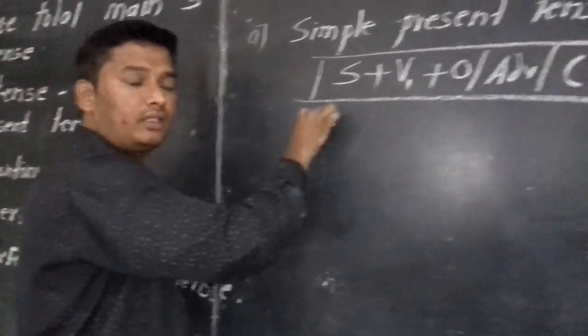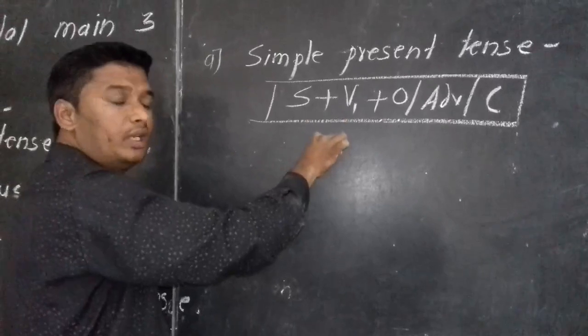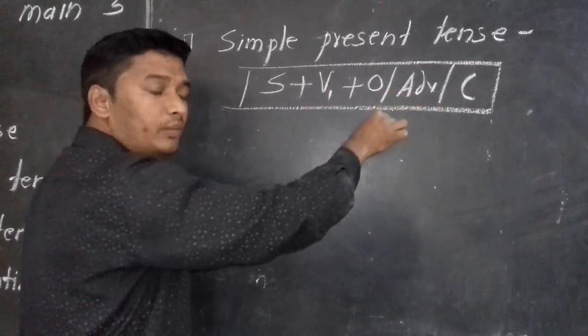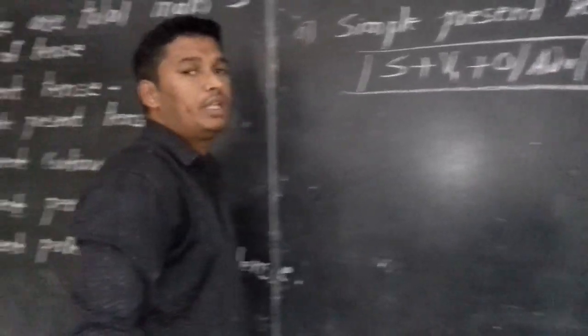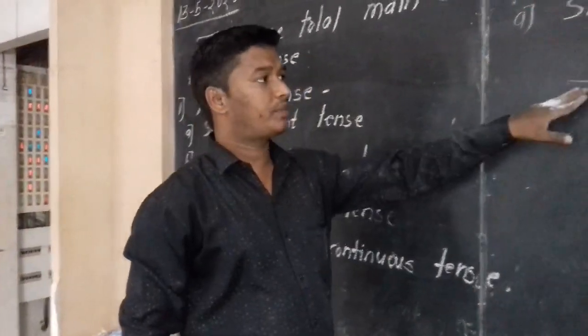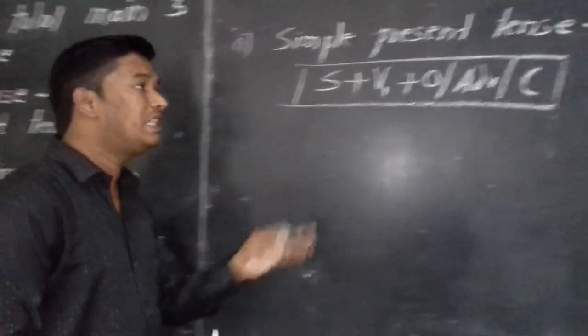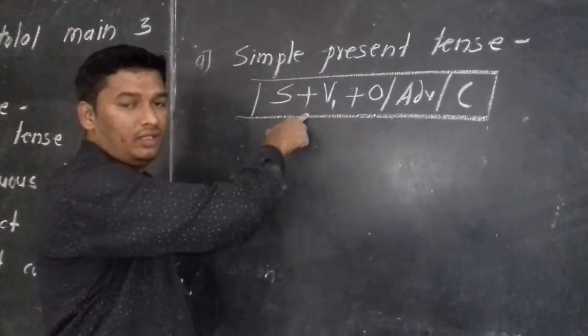S means subject, V1 means main verb, O means object, ADV means adverb and C means complement. But the basic structure is S plus V1 plus O. We don't take any auxiliary verb in this structure.